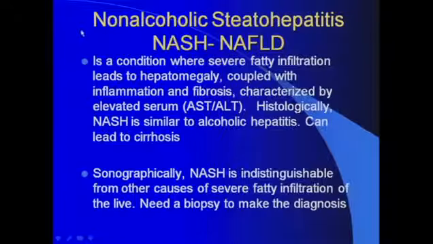Now, when we talk about fatty liver, we need to address a very important entity that has significance and increased morbidity for patients if we don't make the right diagnosis. This entity, known as non-alcoholic steatohepatitis, NASH, or non-alcoholic fatty liver disease, is a condition where severe fatty infiltration leads to hepatomegaly and is associated with inflammation and fibrosis.